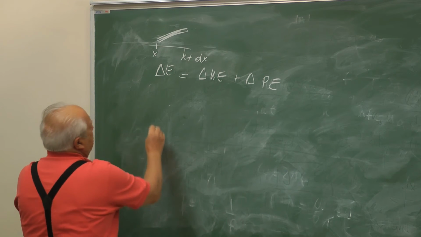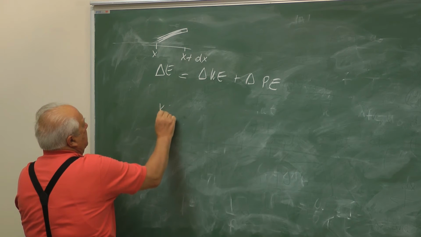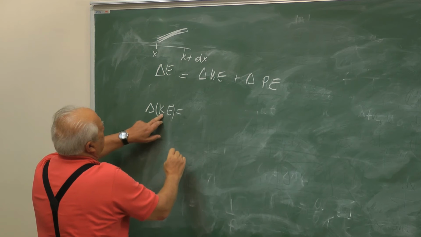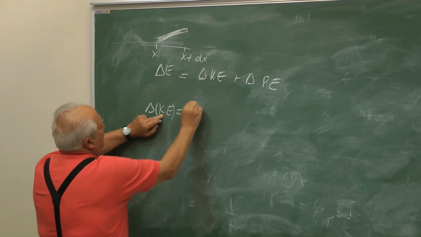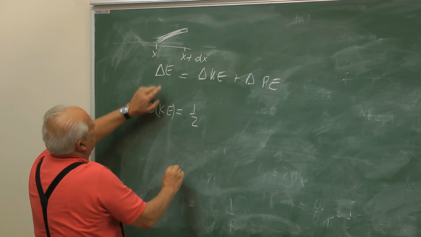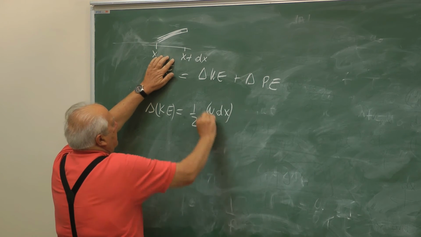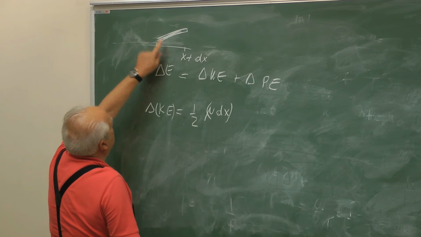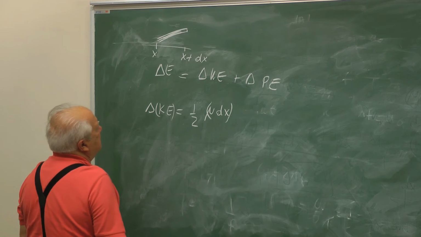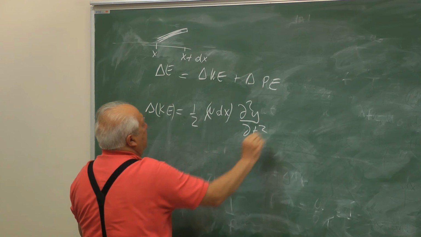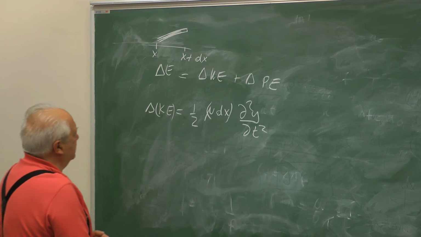Kinetic energy is obvious. It is 1/2 mass total, and the mass is mu times dx. That's the mass of this piece of string, and its velocity squared. All right.